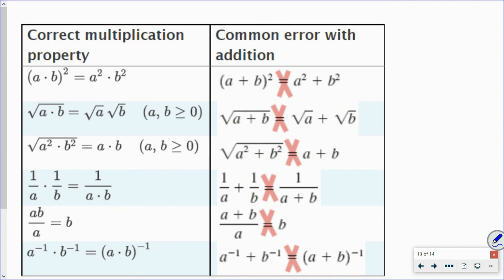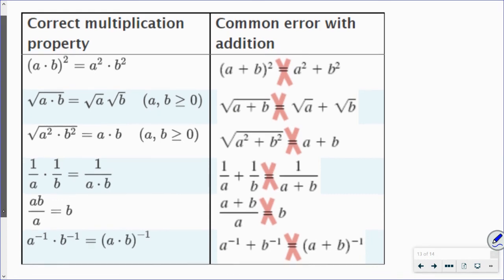Here are some properties that have very common errors. On the left, you'll notice a bunch of addition or a bunch of multiplication and division. It's all multiplication and division. On the right side, where our common errors are, we have addition and or what could be subtraction.